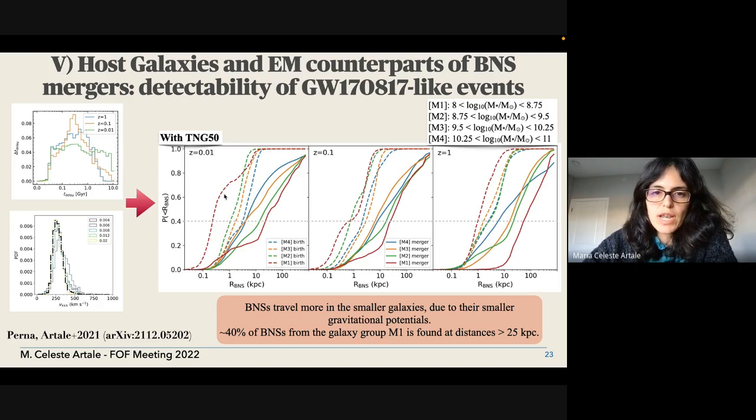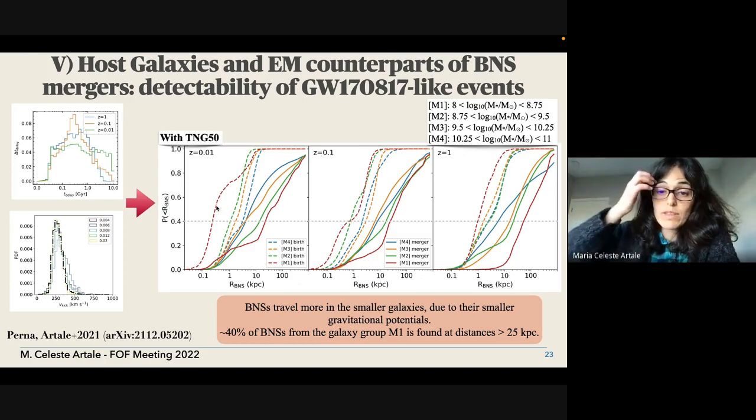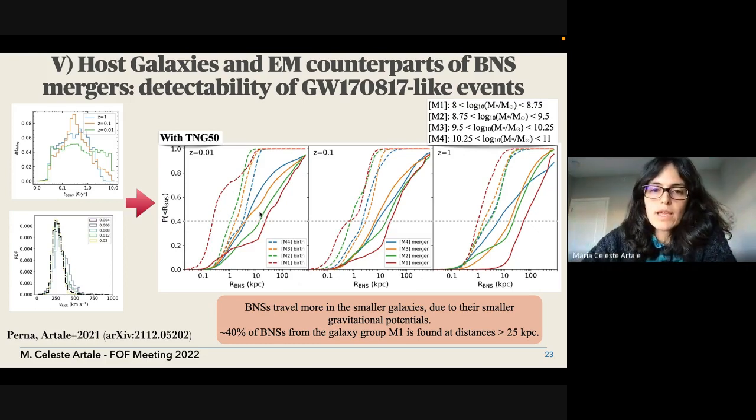Here you can see the distribution in space for our 4 bins. The dashed lines represent the distributions where the binary neutron stars are placed, so where they formed, and the filled lines indicate the position where they merge. As you can see, there is a very strong displacement, and the shift of these mergers is much higher in the case of M1.